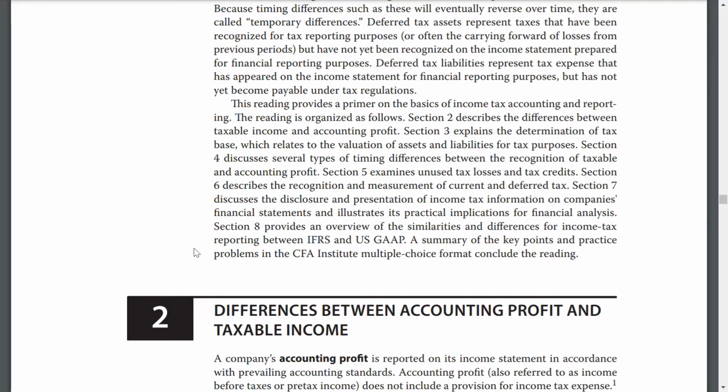Section 6 describes the recognition and measurement of current and deferred tax. Section 7 discusses the disclosure and presentation of income tax information on companies' financial statements and illustrates its practical implication for financial analysis. Section 8 provides an overview of the similarities and differences for income tax reporting between IFRS and US GAAP. A summary of the key points and practice problems in the CFA Institute multiple choice format concludes this reading.